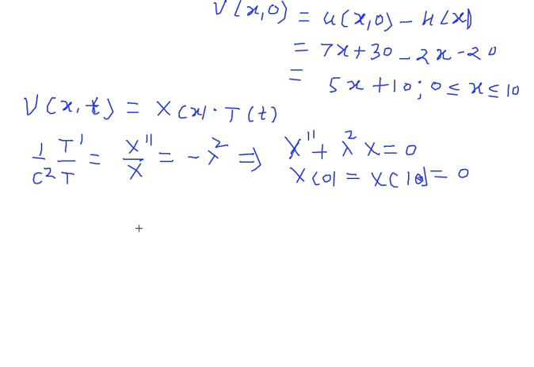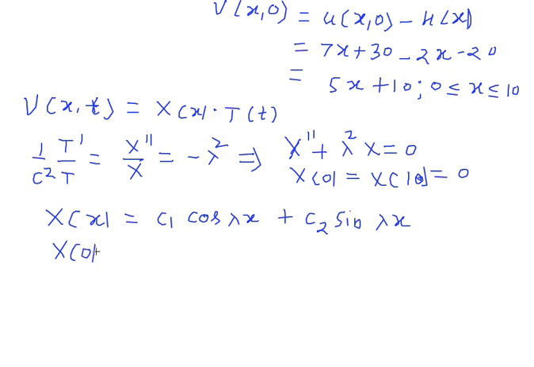So you know the solution of X is c1 cos lambda x plus c2 sin lambda x, and by using the boundary condition X(0) equal to 0, you will get c1 equal to 0, because cos 0 is 1 and sin 0 is 0.